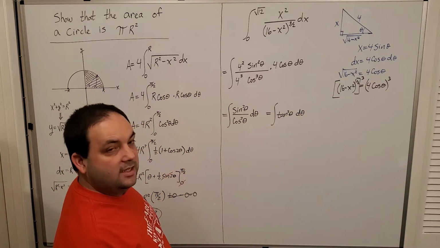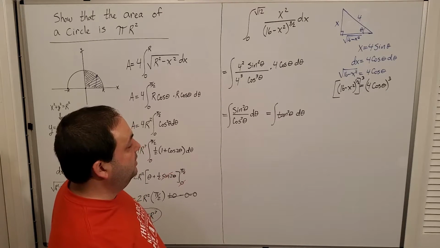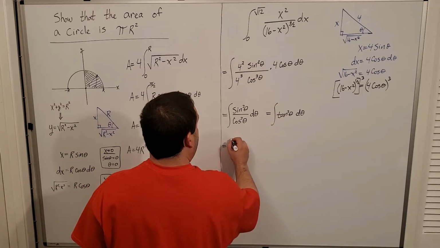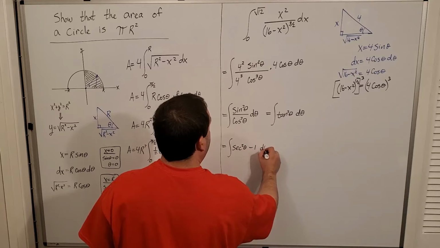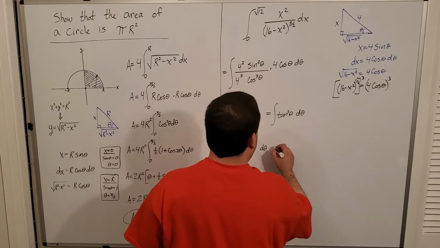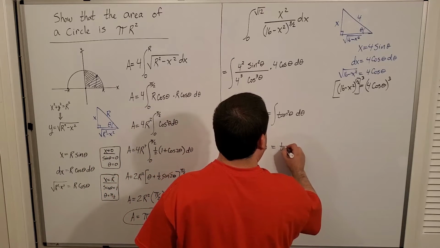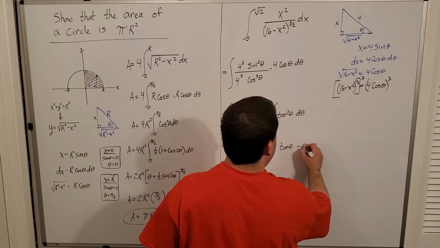And the reason for that is I knew that I could convert tangent squared pretty easily into something that I could do the antiderivative of. So tangent squared is secant squared theta minus 1, which I know both of the antiderivatives of, right? Antiderivative of secant squared theta is tangent theta. And of course, the antiderivative of 1 is just theta itself.